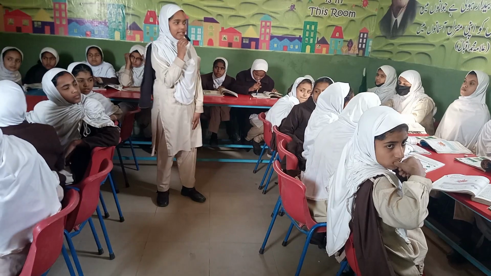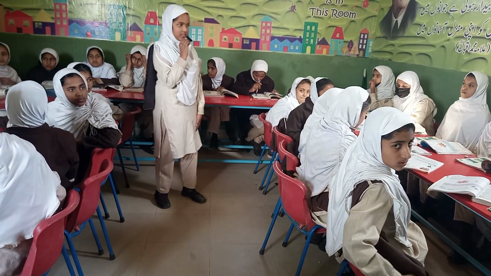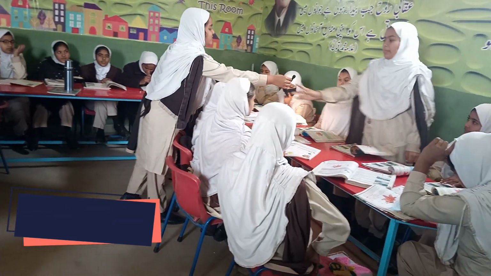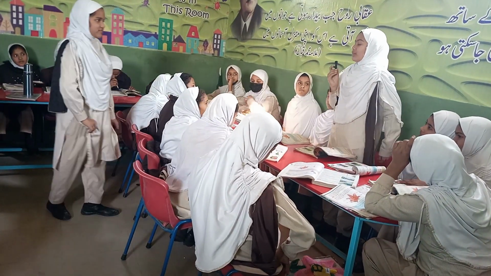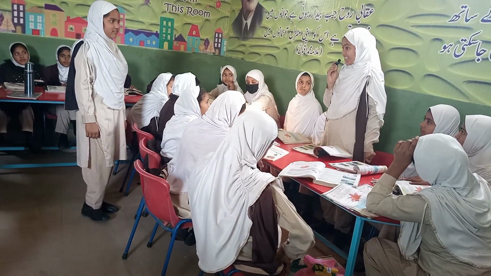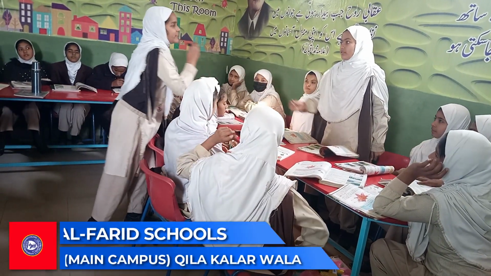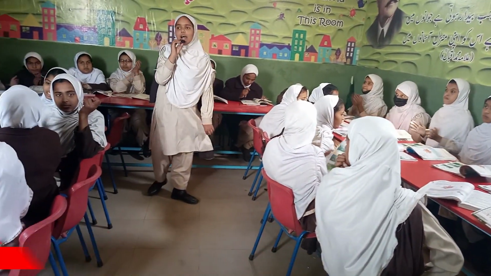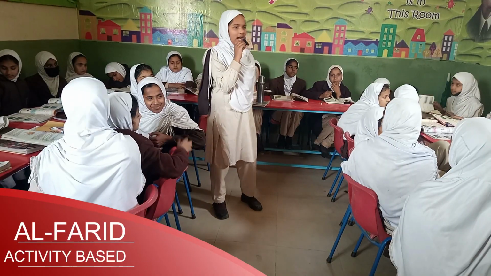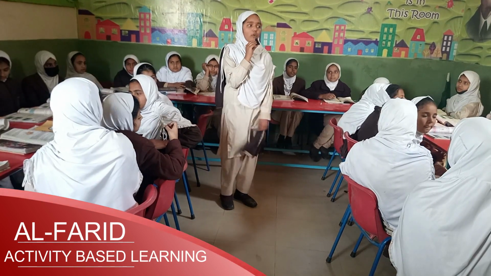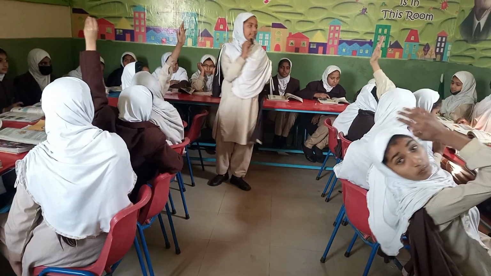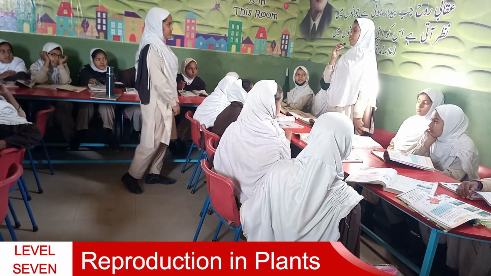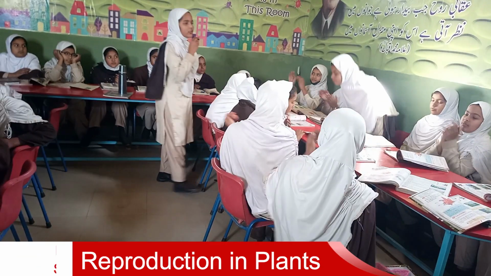Can anybody tell me the kinds of reproduction? Yes, Hania. There are two types of reproduction, sexual and asexual. Very good. Clap for Hania. Now, anybody tell me how many types of pollination? Yes, Mahnur. There are two kinds of pollination, self-pollination and cross-pollination. Very good. Clap for Mahnur.